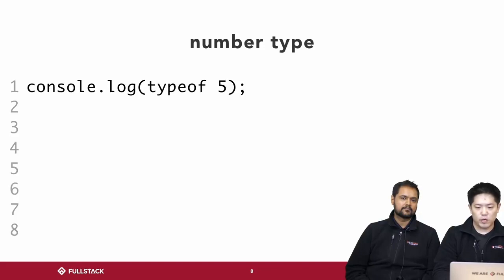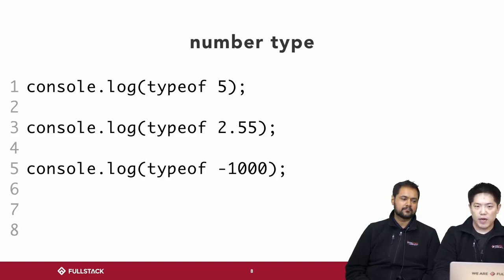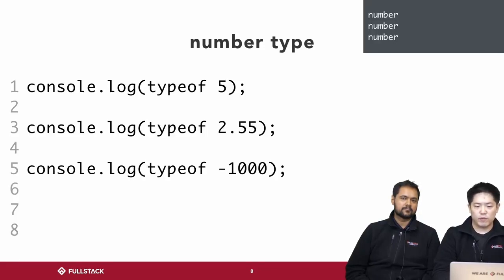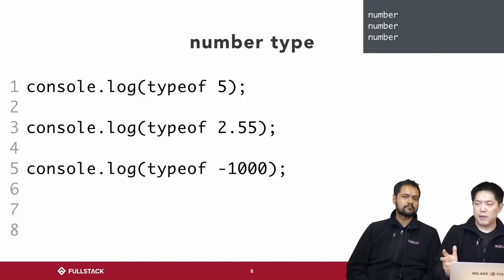So, some more examples. If I do typeof 5, or typeof 2.55, or typeof -1000, I expect to get number for all of these. Now, one interesting aside is that in some languages you might have studied, you have to be careful whether you're talking about numbers that do or do not have a decimal point. So here, 2.55 and 5 would be different types in some languages.